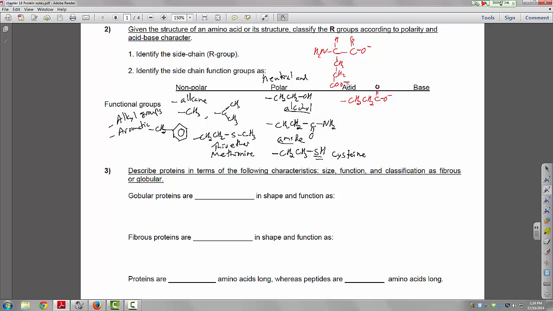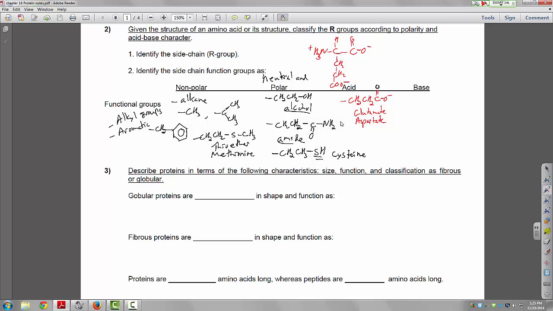Glutamic acid. So there's an acid group also on the side chain. And the last one, glutamate and aspartate. These are the 2 acidic ones. Again, you don't have to memorize the names, but recognize the acid group certainly. The reason I mentioned glutamate is because you may be familiar with MSG or monosodium glutamate. That's the monosodium salt of this amino acid. Actually, it should be NH3 plus charge.